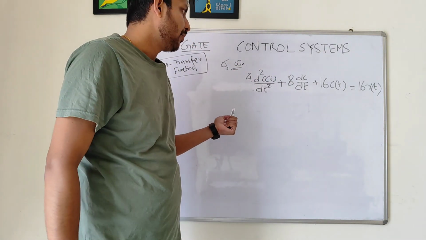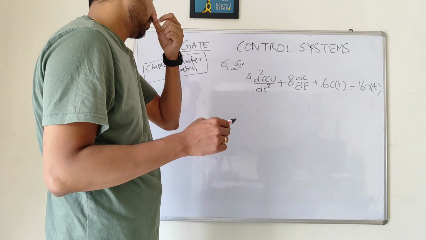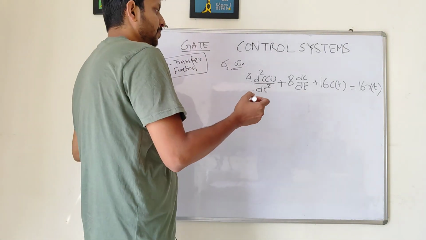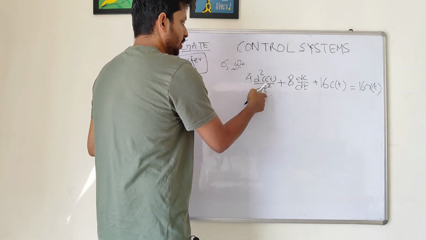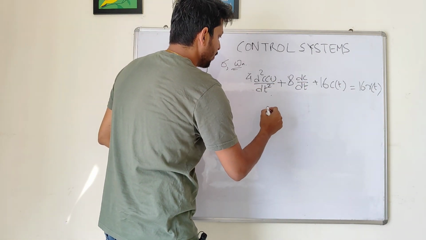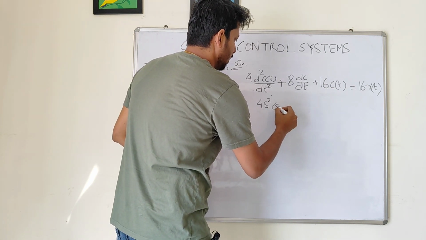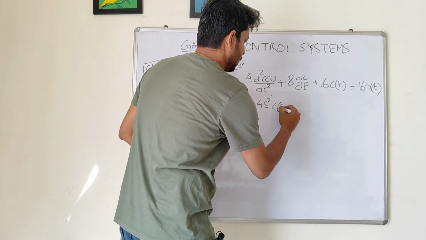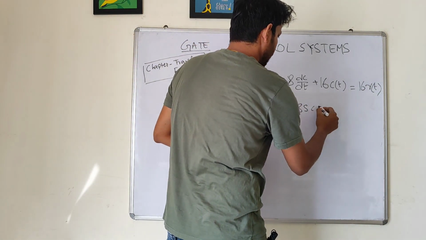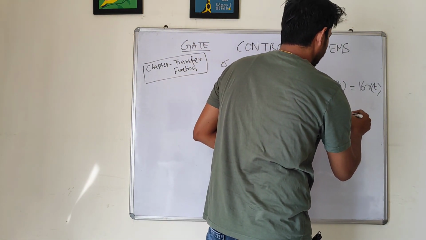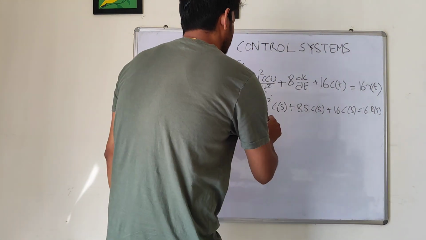Now we need to write the transfer function for this first, right? So basically if you take a Laplace transform of this, it will become 4 s square C(s) plus 8 s C(s) plus 16 C(s) is equal to 16 R(s), right?